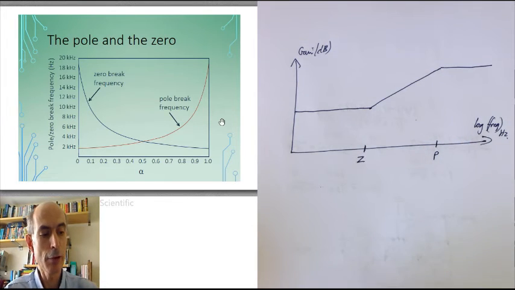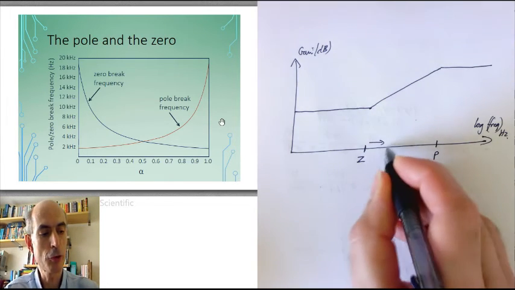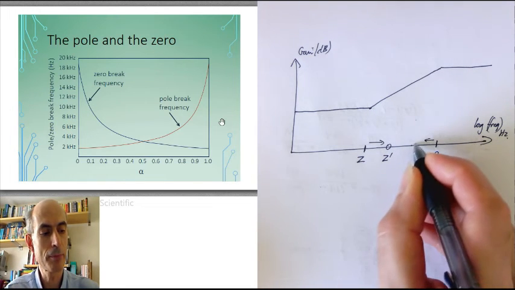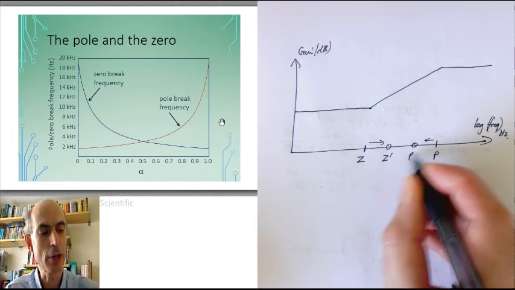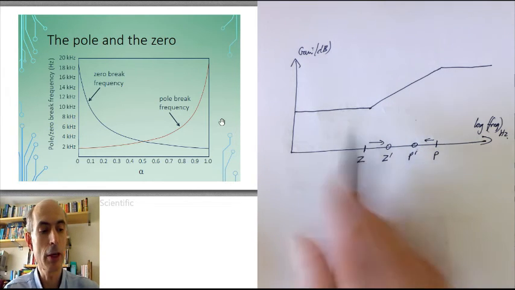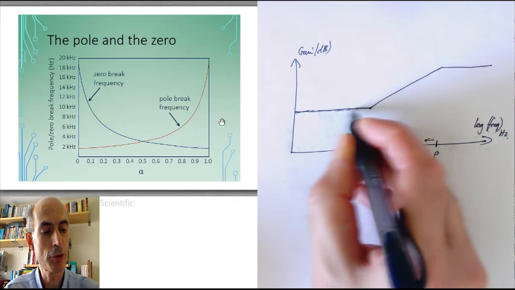If the 0 then moves to this point here, and the pole increases, so its break frequency is now at this point here, then the Bode approximation of the amplitude response would now do this.